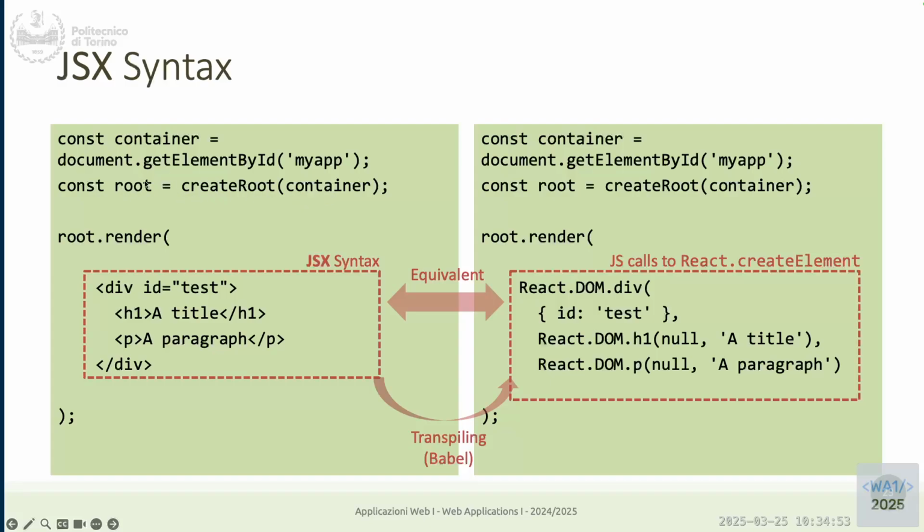But we find a node, an initial node, a container node. Here is the DOM manipulation. I check for an element with this ID, and I create the root node of my React application. And then we have a render function that says, okay, inside this node, insert a div element with some property, and inside this div element, an h1 with some text, and after this a paragraph with another text.